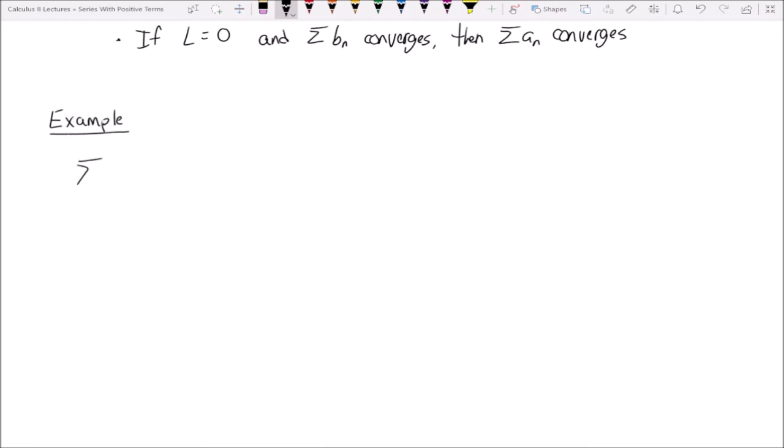Let's go ahead and examine the series n equals 1 to infinity, I'm sorry, n equals 2 to infinity of n squared over n to the 4th minus n minus 1.